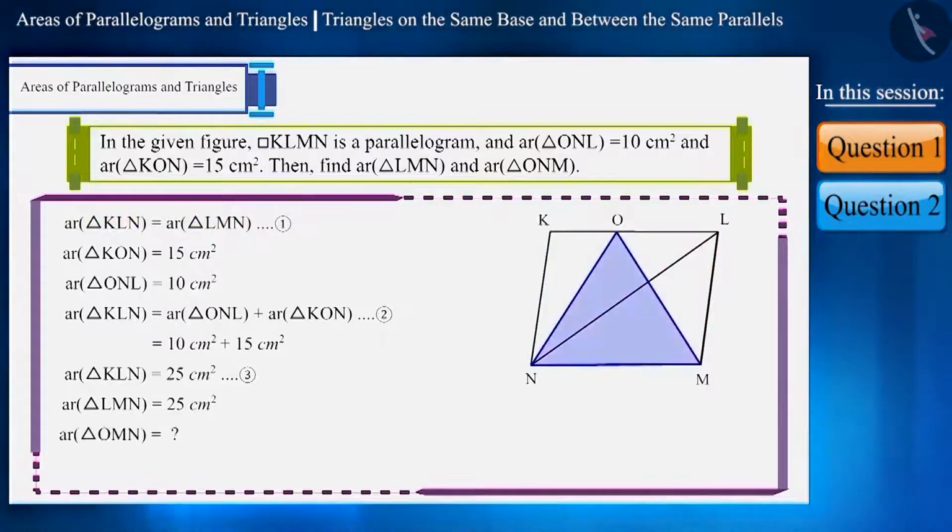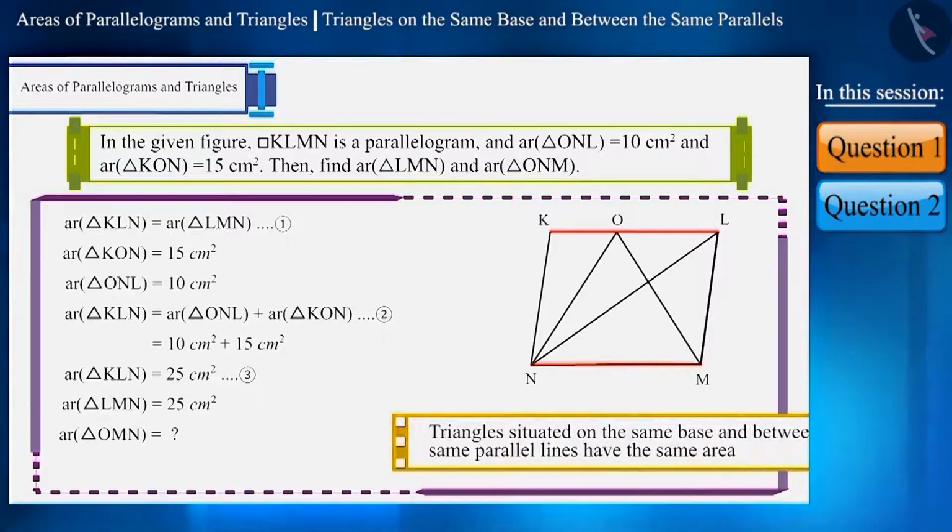Now, let's find the area of triangle OMN. We can see that triangle OMN and triangle LMN are on the same base MN, and they are situated between the same parallel lines KL and NM.